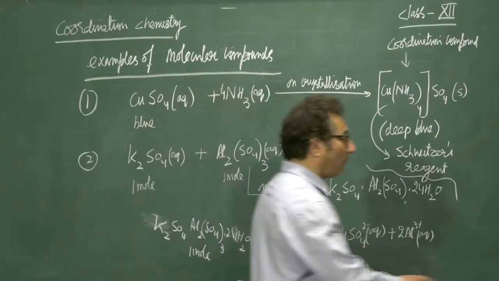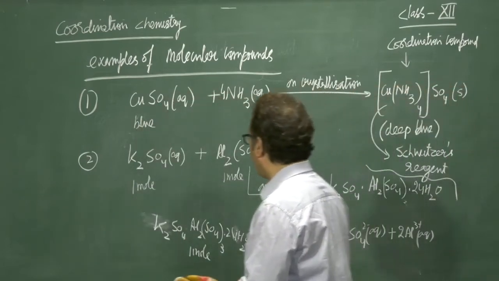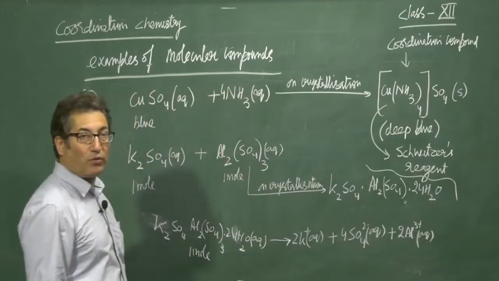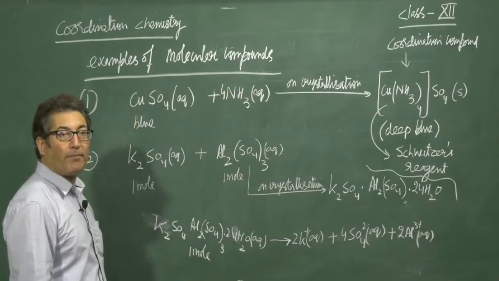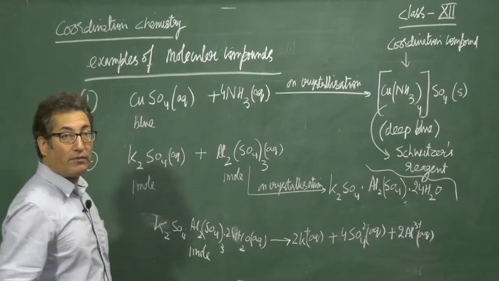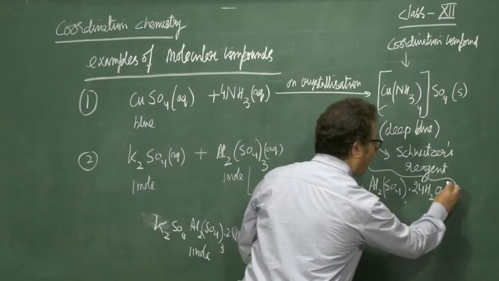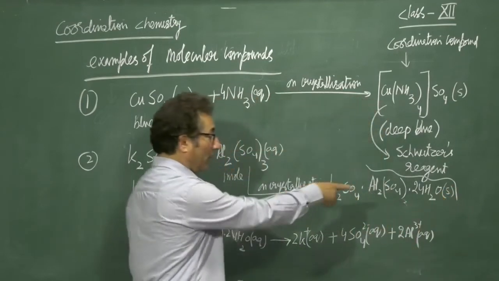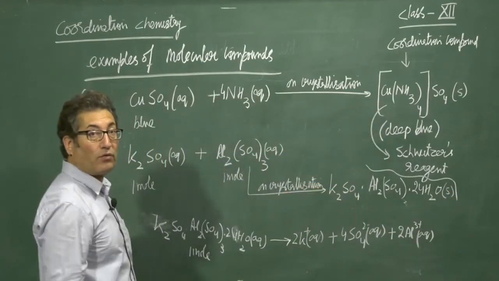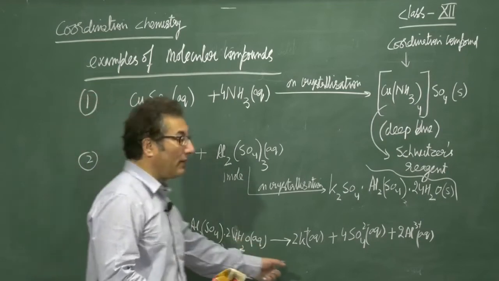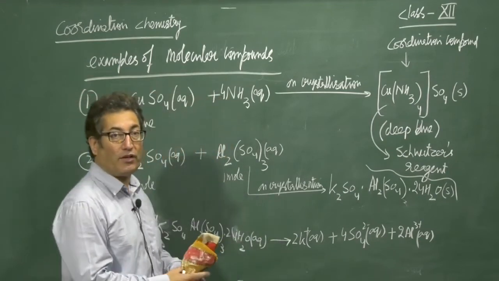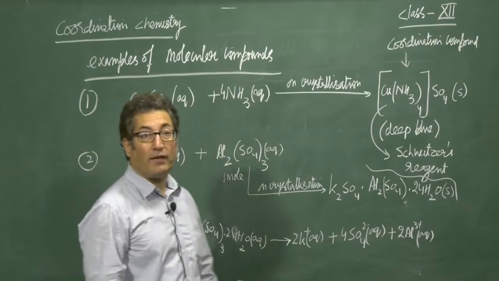Okay? So double salt, I think it's clear. I'll repeat it. This is one of the double salts which I have shown here. Double salts are addition compounds which are stable in solid form, that means they have their formula composition in the solid state, but in solution completely break into ions. Such addition compounds are called double salts.